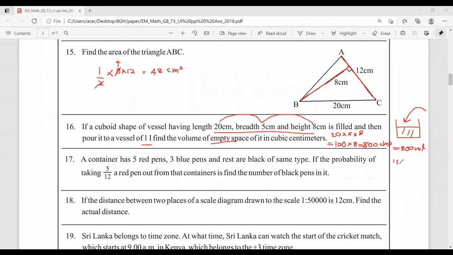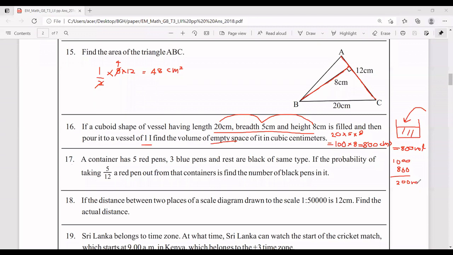Then what is the answer? 200, no? 1000 minus 800 is 200 milliliters.